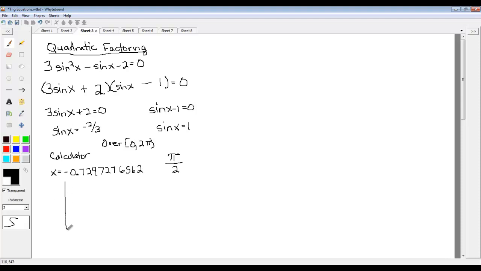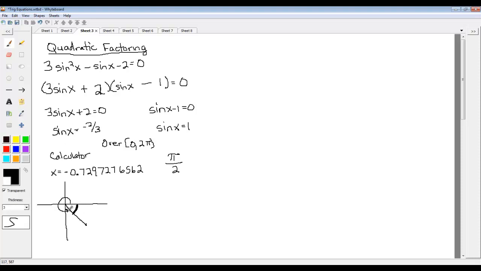Okay, so that's this angle here. But we want to be over the interval from 0 to 2 pi. So if we go ahead and take that angle, which is negative, and add 2 pi, we'll be able to come back around and get the positive version.